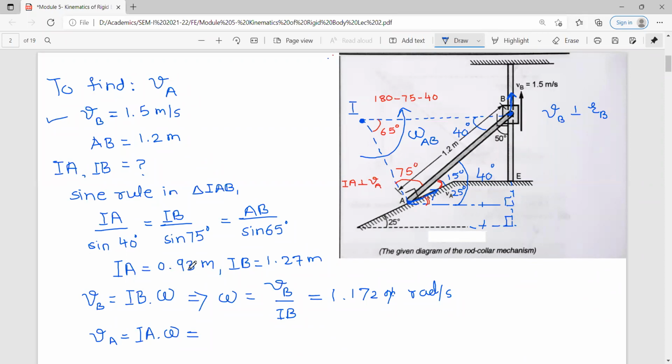IA is 0.93 and angular velocity is 1.172. So 1.097 meter per second. And it is your answer.